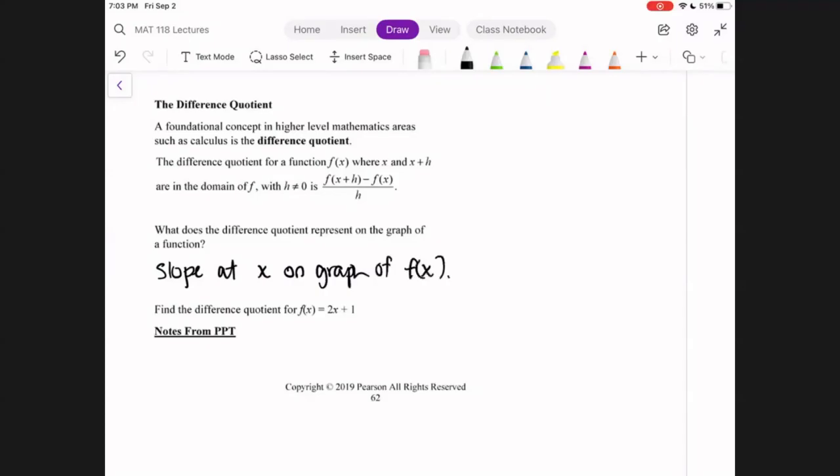So the difference quotient represents the rate of change at x, or if you're going to graph it and figure out what's the slope. Okay, so in this case, if x was 3, then it would represent the slope at 3. Okay. If x was -10, then it would represent the slope at -10. Okay.